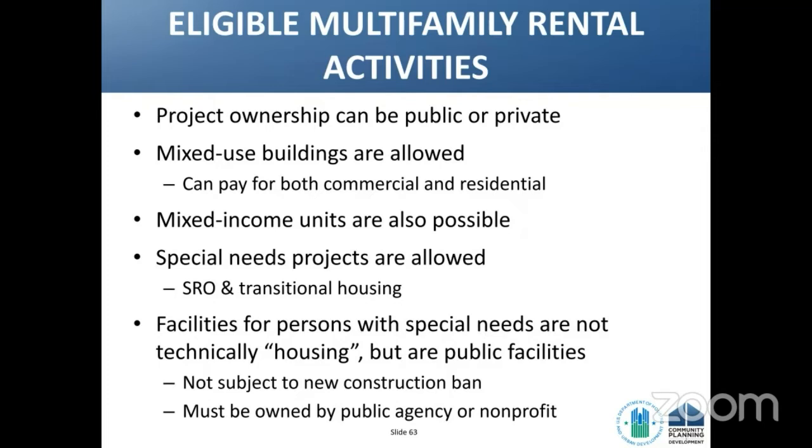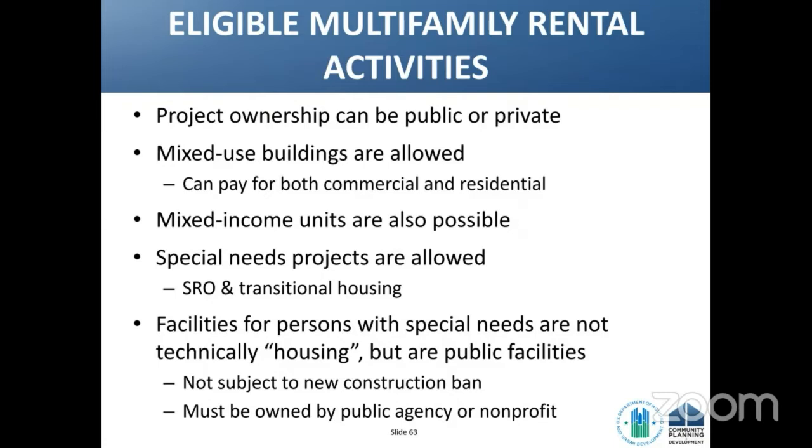So the prohibition on the use of CDBG for new housing construction isn't relevant here because they're not considered permanent housing, as they're only what we call transitional or temporary housing, meaning that people are allowed to stay there for a certain number of years or months or however it is. And then at a particular point in time, they have to move on so that others may also benefit.